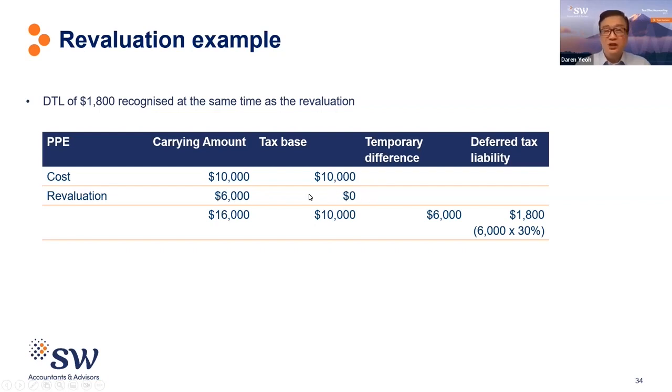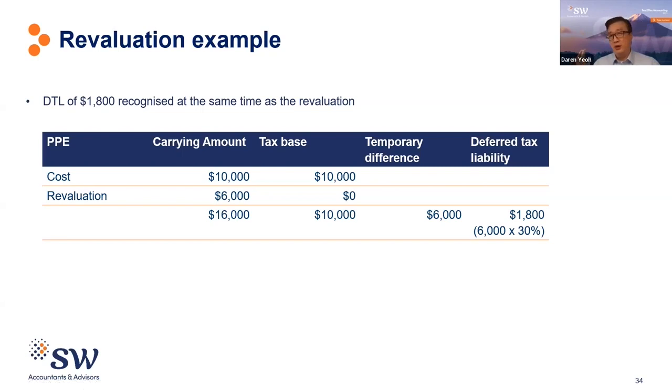That revaluation does not change the tax base of an asset. Therefore, you have a carrying amount of 16,000 and a tax base of 10,000, giving rise to a taxable temporary difference of $6,000, which means that you have a deferred tax liability of 6,000 times 30%, or 1,800.